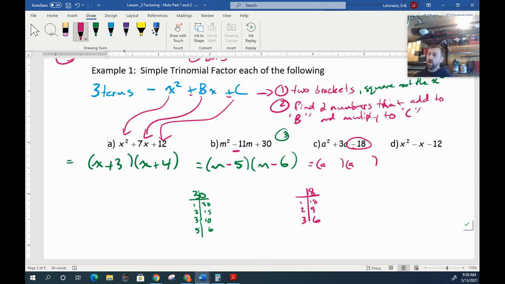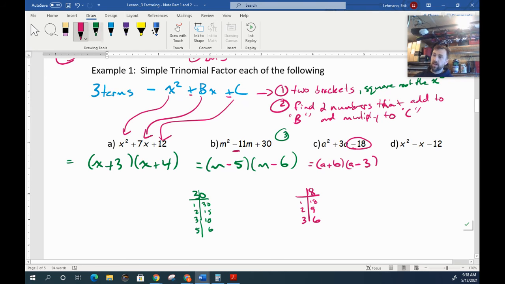Because they multiply to negative 18, you know one of these numbers is going to be positive, one of them is going to be negative, because a negative times a positive is going to be a negative. That means you're looking for two numbers that add up to 3, but it's really a difference of 3. So which two numbers will add up to 3? Well, positive 6 and negative 3 add up to positive 3.